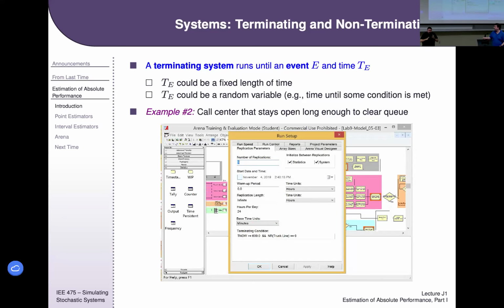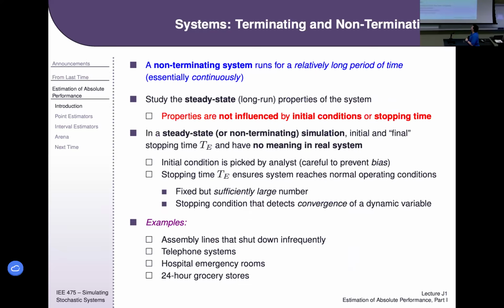And so sometimes they'll end right at 600 minutes, whatever this is. Other times they'll end a little later than that because they have to wait for that queue to empty. So that's what I mean by terminating system and a transient simulation. Any questions on those? Okay.